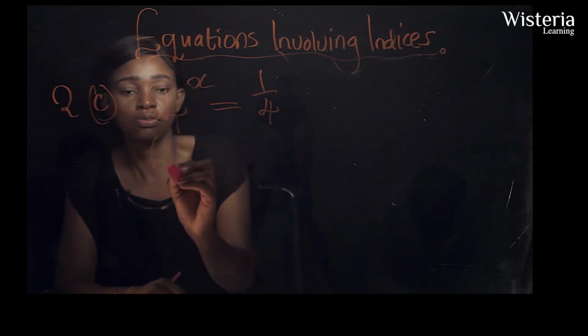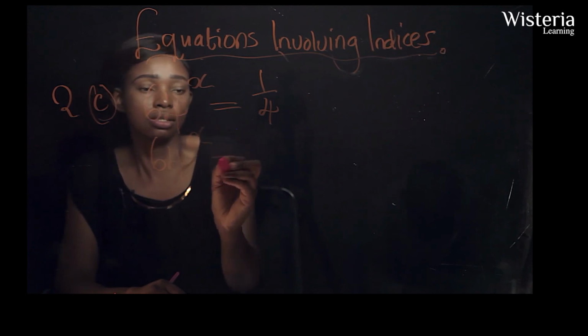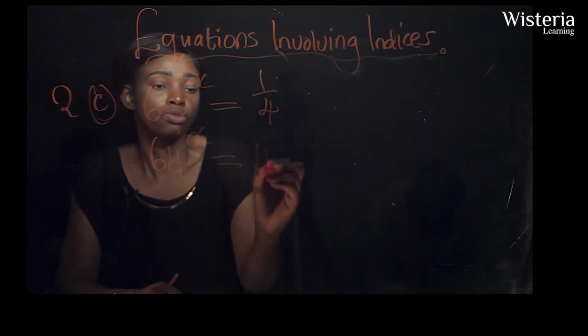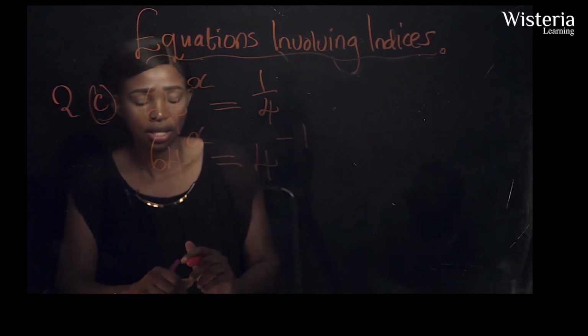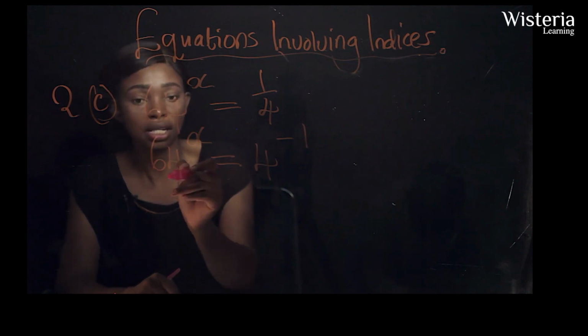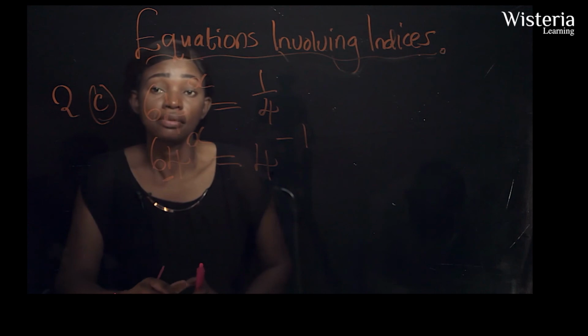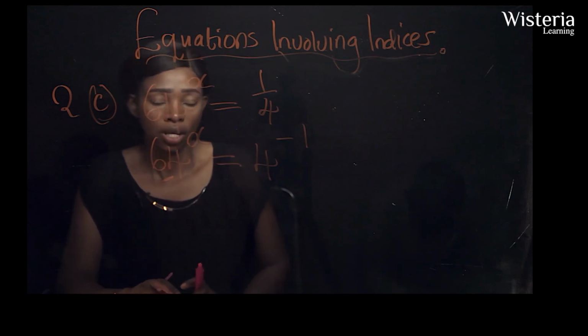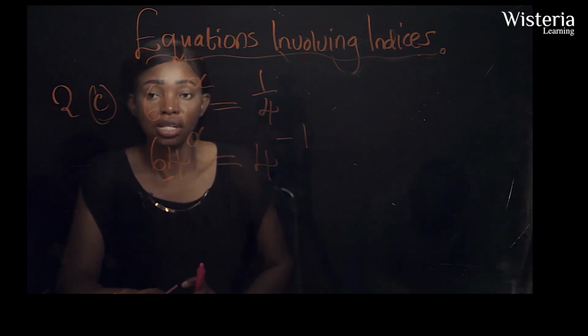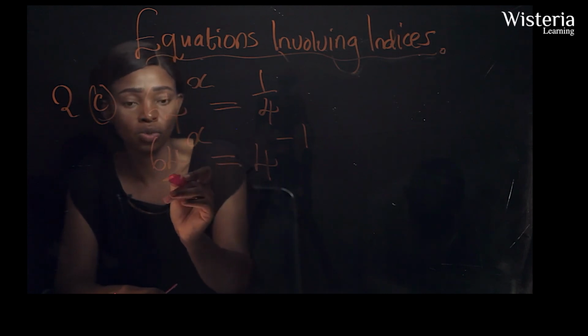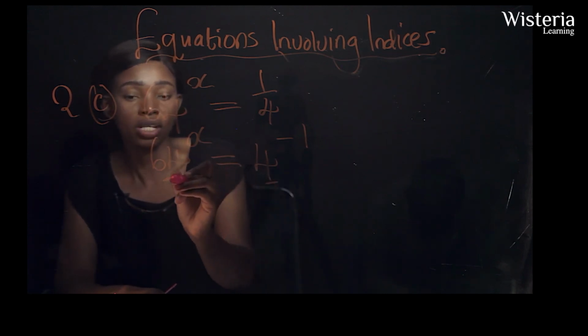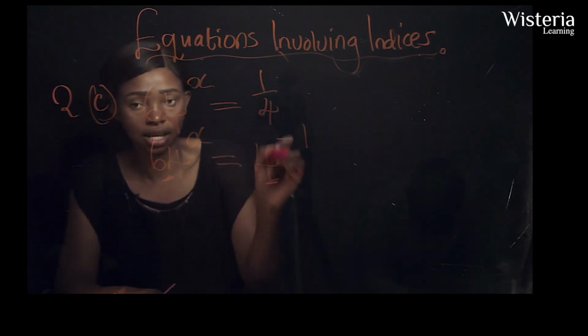So it will be 64 to the power x is equal to 4 to the power negative 1. Then we can write 64 in another way without changing the meaning. We write it in index form. So to write 64 in index form, remember our aim is to have the same bases. Once we have the same bases, they can easily cancel.